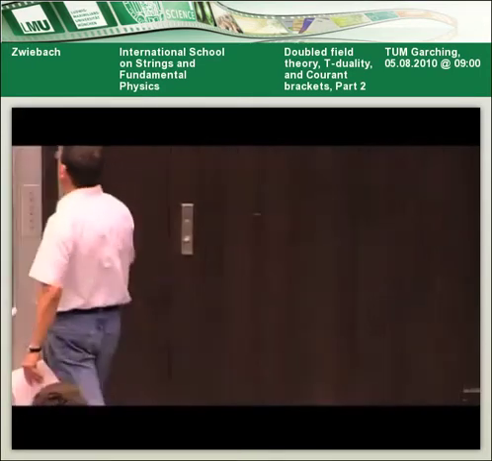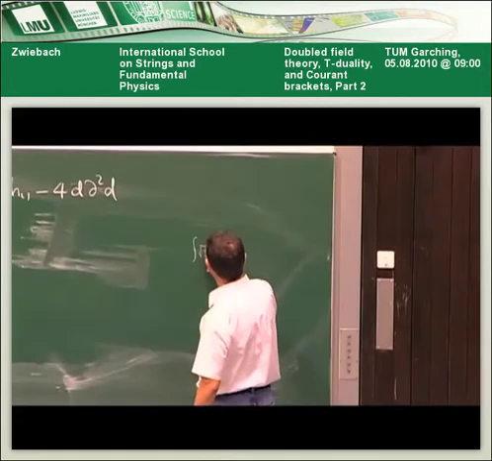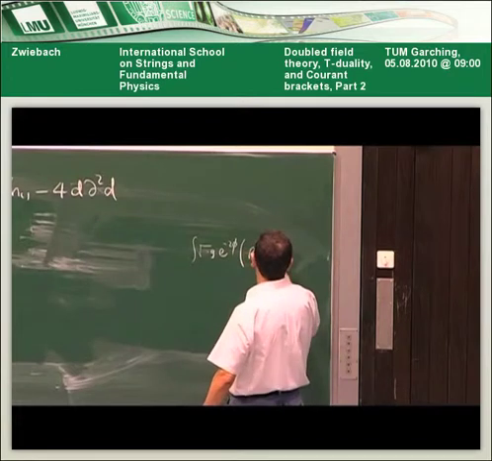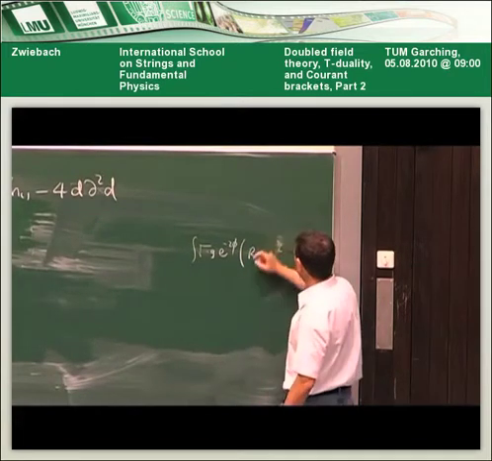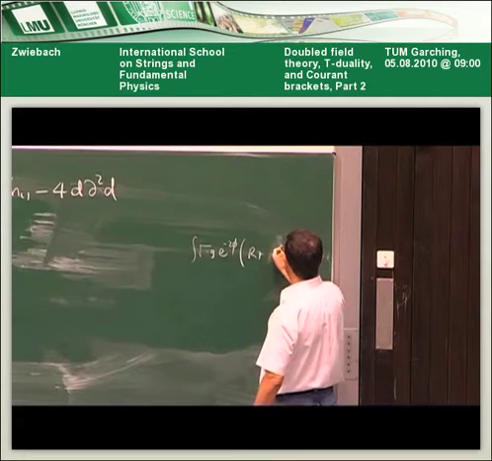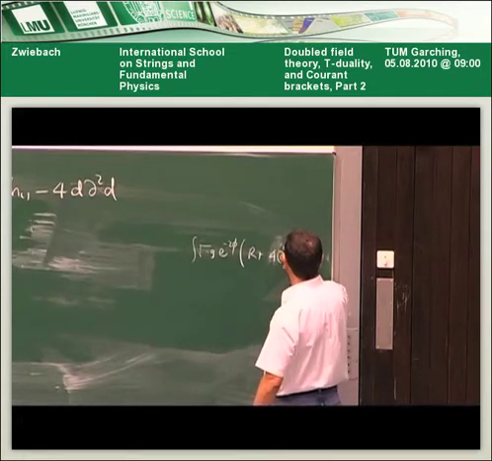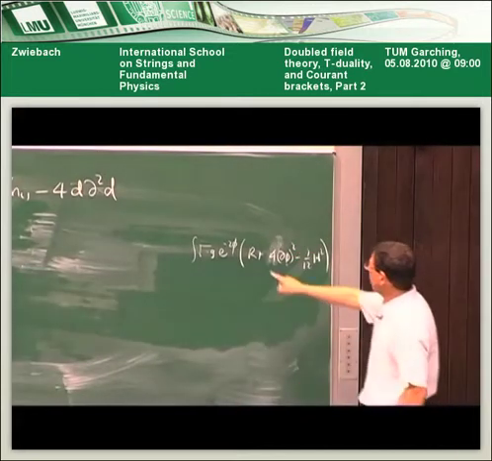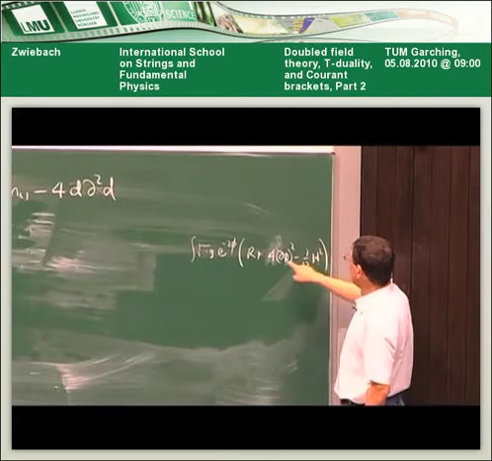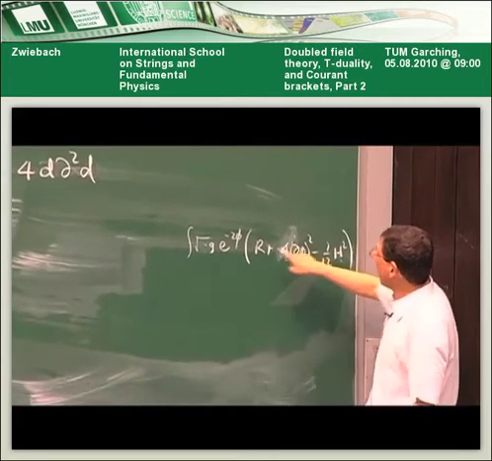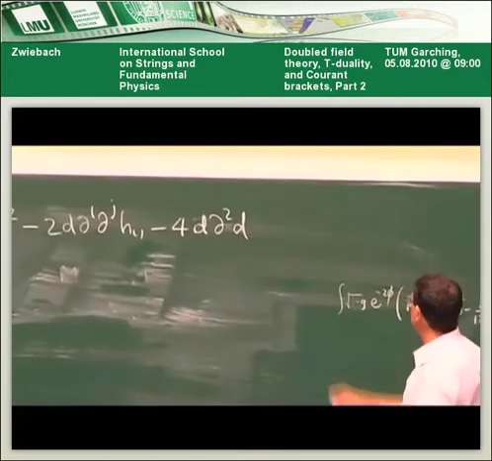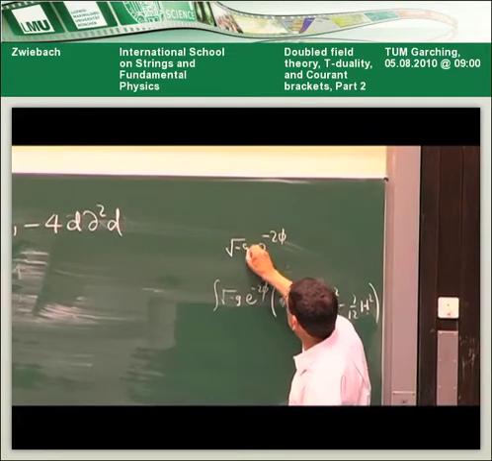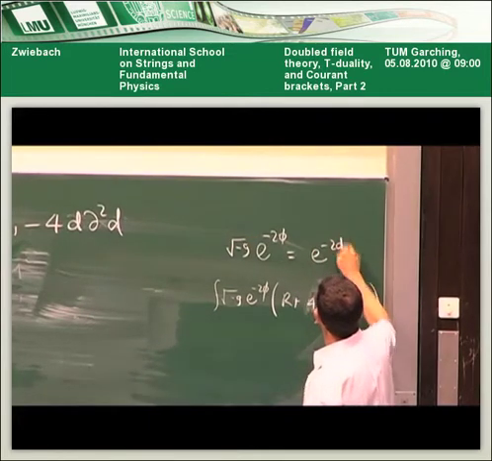This is, if you take this famous action, square root of minus g e to the minus 2 phi times R plus 4 partial phi squared minus 1/12 H squared, the famous action. Expand G and B in h and b, and the phi is somewhat related to this dilaton. I said it last time, e to the minus 2 phi times square root of minus G is e to the minus 2d.